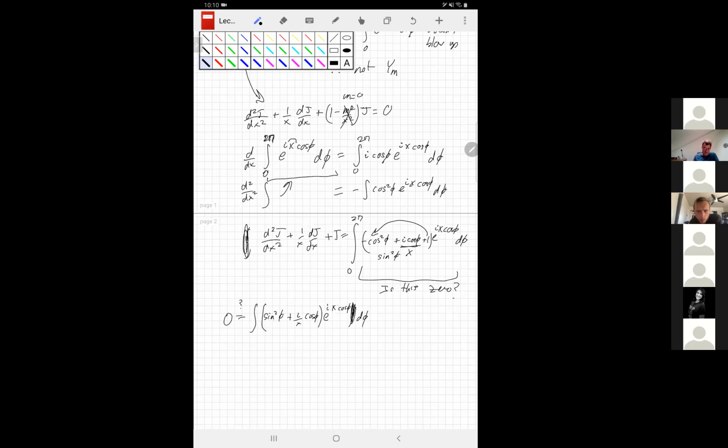Well, sine is the derivative of cosine. So I'm going to do some integration by parts.